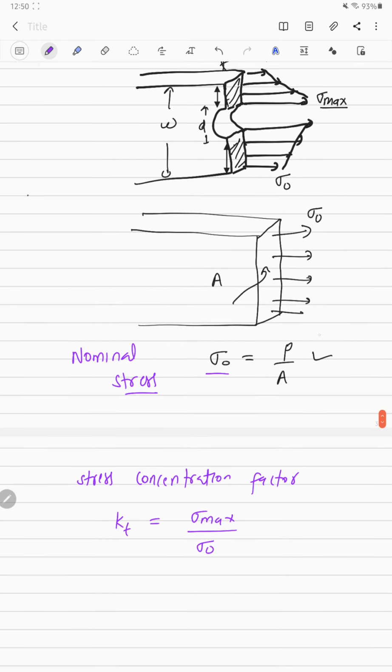Nominal stress we already know, sigma naught, and so maximum stress we can find as KT into sigma naught.